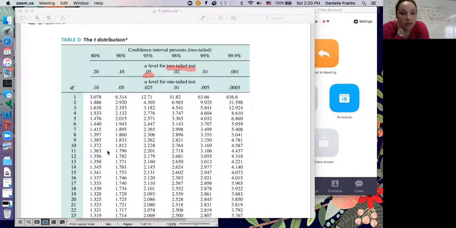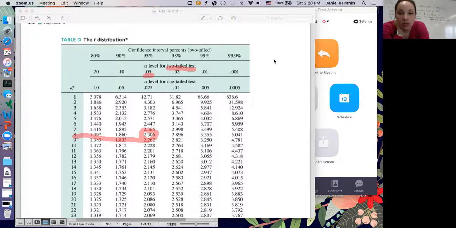Our degrees of freedom is 8, so we come over here, and we see that our critical value, sorry for my lack of art skills here, is 2.306. We know that because we're running a two-tailed test, alpha level 0.05, degrees of freedom 8. So our critical value for this one is 2.306.